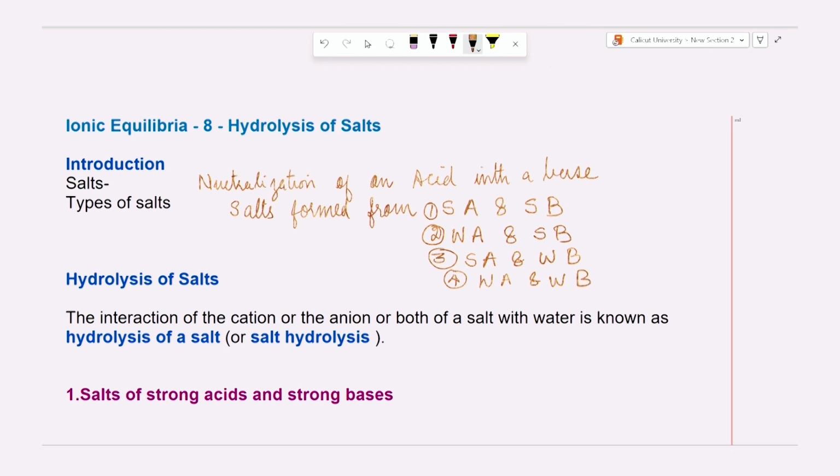So, you have 4 types of salts. When both acid and base are strong, they react to give one set of salts. When acid is weak while base is strong, you get another type of salts. When acid is strong and base is weak, you get another type, and when both are weak, we will get another different type of salts.